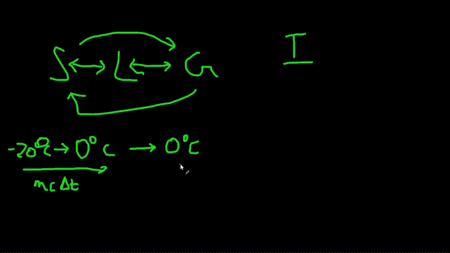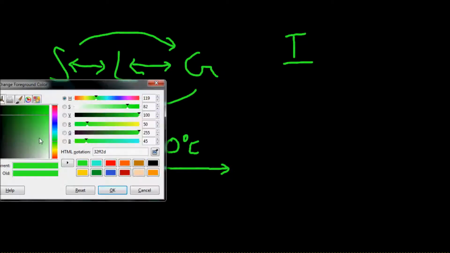What you'll see is that the solid will start to convert to a liquid. It'll actually start melting very slowly. It's going to take time. That depends on its mass and other stuff, which I'll tell you about. But it's not that it just all converts at once. It's going to take some time, and you need to keep providing this energy over here. But what you'll see is that the temperature remains constant.